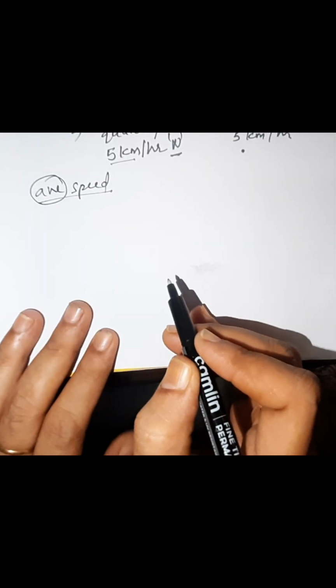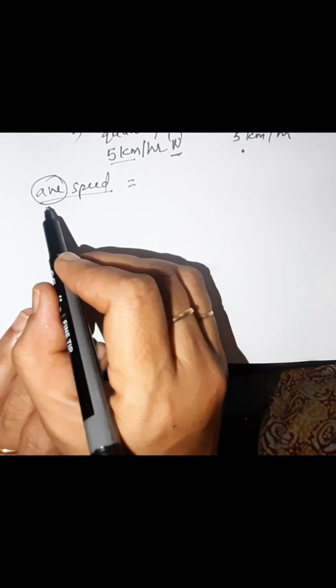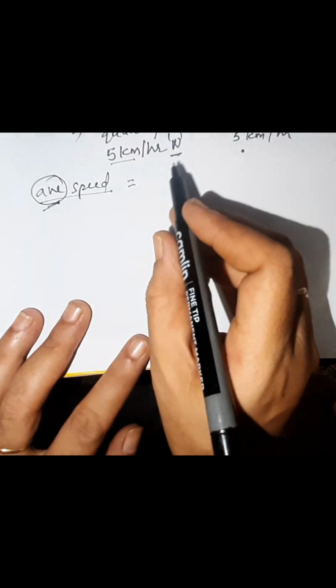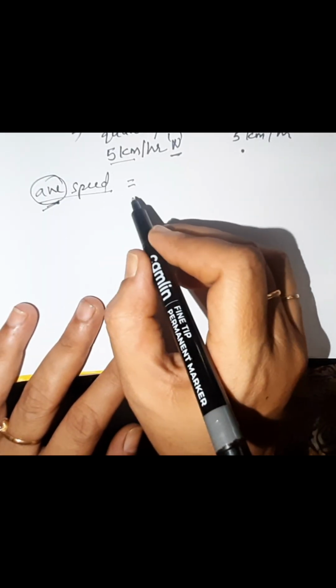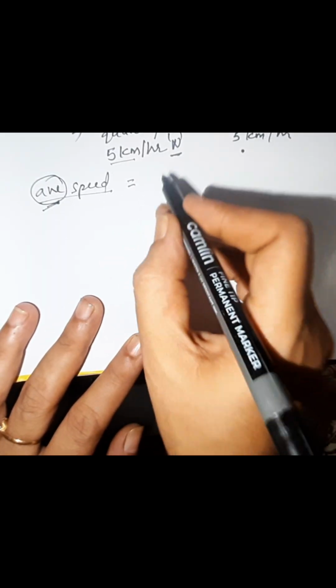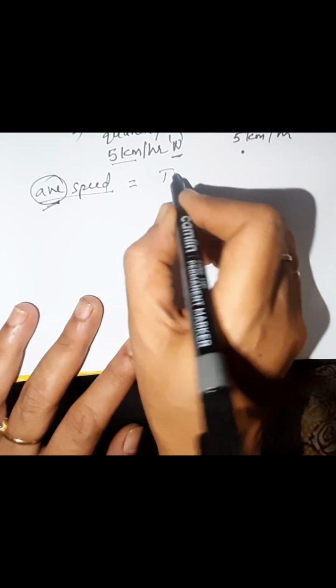Now the next topic is average speed. Already all of you are familiar with the term average. Average means we are adding all. Suppose an object is having different speeds. So we need to add the total distance.